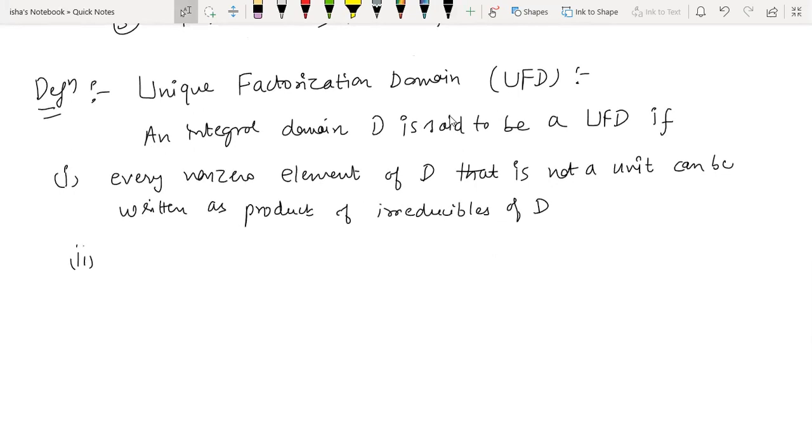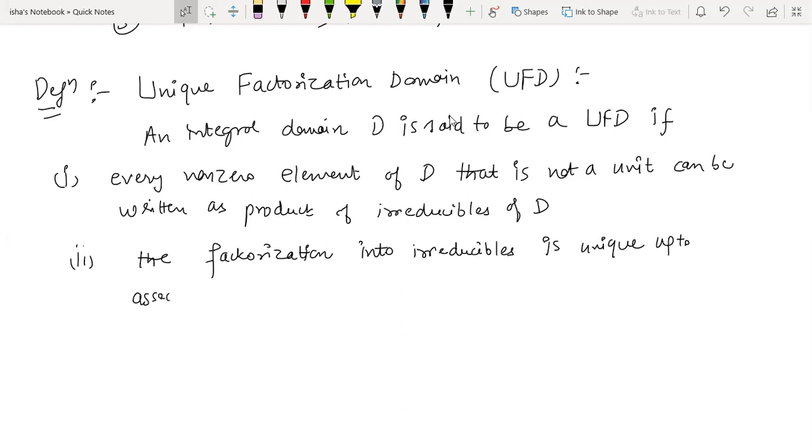The second part says the factorization into irreducibles is unique up to associates and the order in which the factors appear.